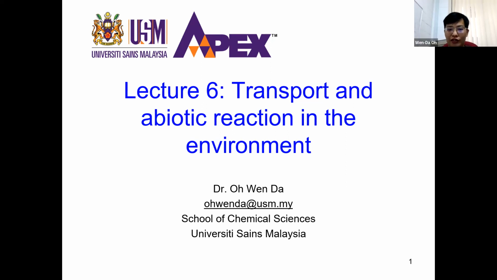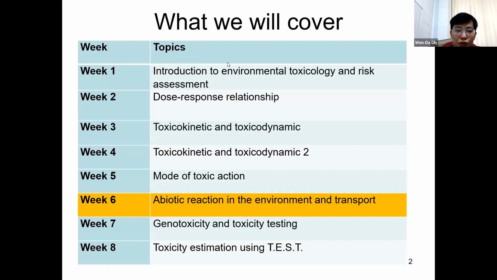Okay, so thank you for your invitation to give this lecture. So today we want to go through certain things like transport and also to some extent abiotic reaction in the environment. So just to go through what we have gone through over the past few weeks, we have gone through some introduction, dose-response relationship, and then toxicodynamics and toxicokinetics, which is basically more towards biological system, right?